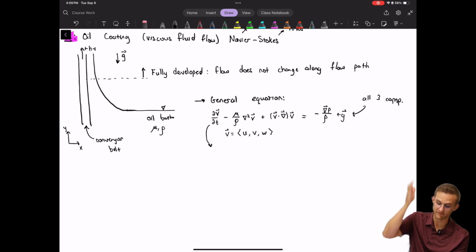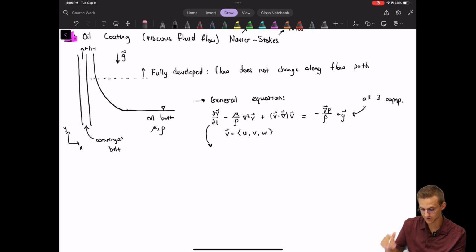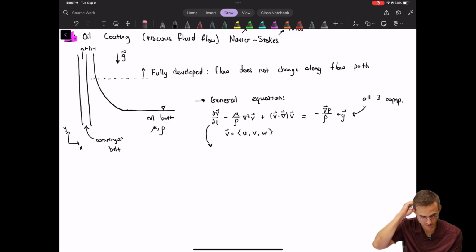We're assuming this is sort of like an infinite conveyor belt coming out of the page. We wouldn't expect there to be any flow in the z direction, and we know that there's no flow in the x direction because the conveyor belt is simply moving upwards. So we can simplify down to just looking at the y components. So that would be the V.